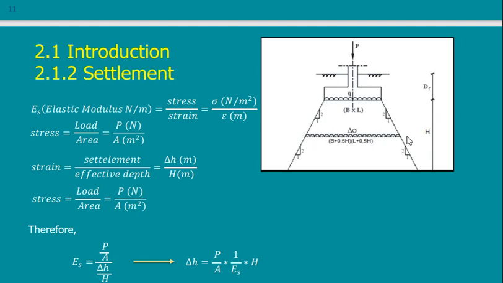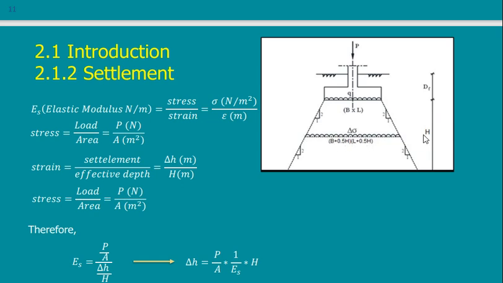We can calculate it: if here is B by L, here it will be B plus something due to the dispersion of the load, and L plus something due to the dispersion. Here it is B plus 0.5H and L plus 0.5H. Okay, so it is easy to calculate.